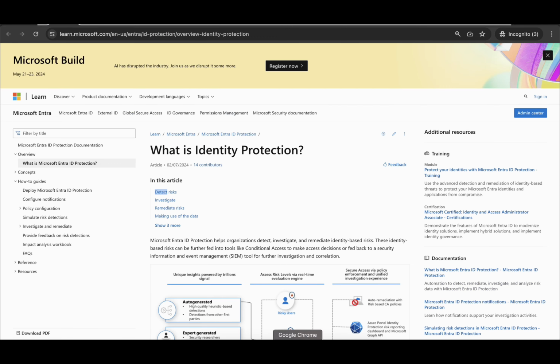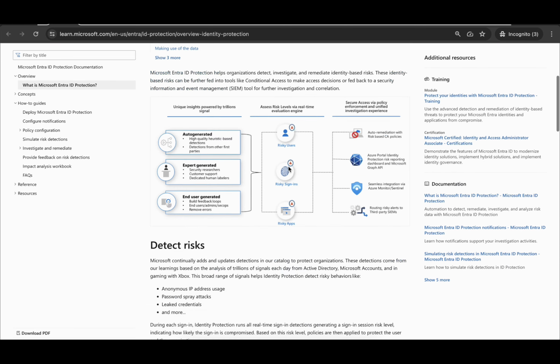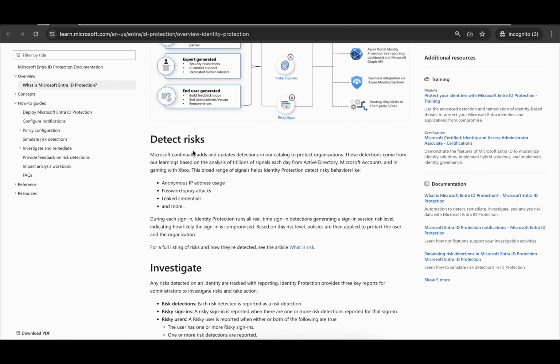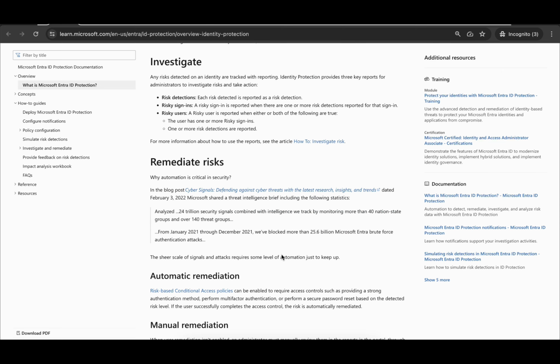Okay. And to study more on this, go to this site of Microsoft Learn, and here on this topic, Microsoft Entra ID Protection, they have clearly mentioned what identity protection is, what type of risks it detects and investigates, and how to remediate these risks.